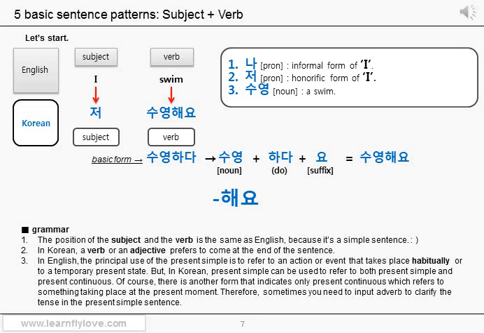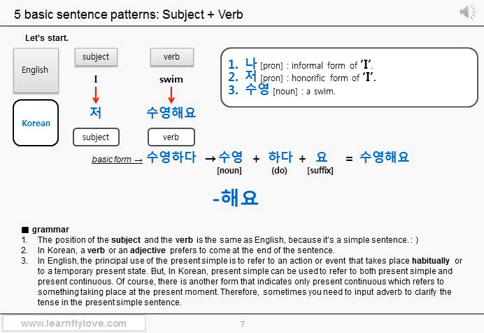Let's take a look at the verb swim one more time. The basic form of the verb swim in Korean is 수영하다. It's a so-called noun plus 하다 verb or noun plus do verb. So 수영 is a noun, which means a swim. When a verb or an adjective that ends in 하다 combines with the honorific suffix 요, this 하다 part becomes 해요.